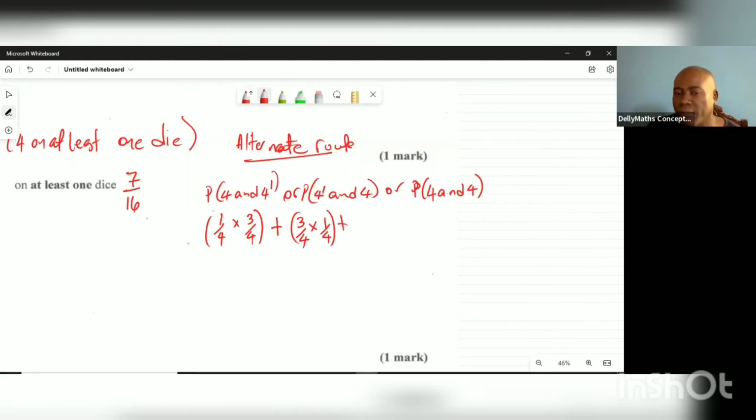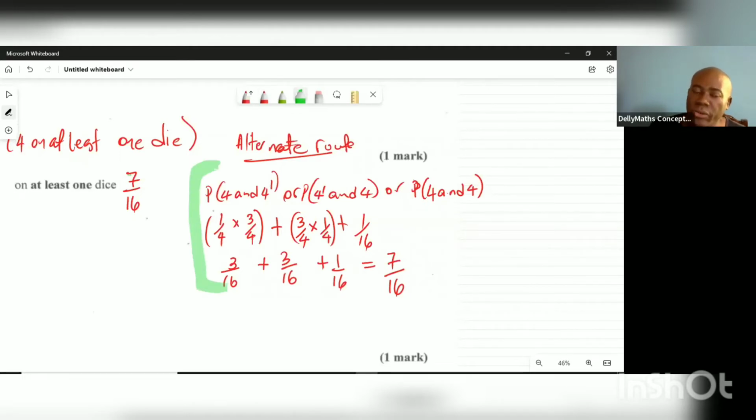As well as you could have gotten a 4 on both dice, and that's a possibility. We got that already. Then now we're putting this together. This is 3 over 16 plus 3 over 16 plus 1 over 16, which is 7 over 16. So you could see that these are alternate routes, but these are more difficult routes to go.